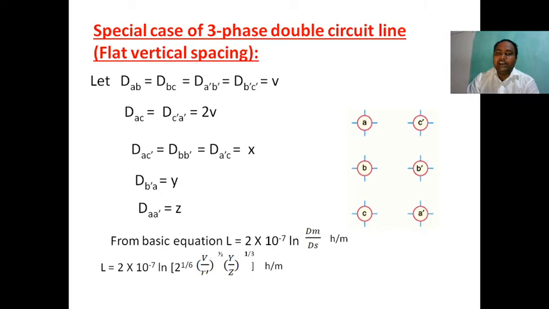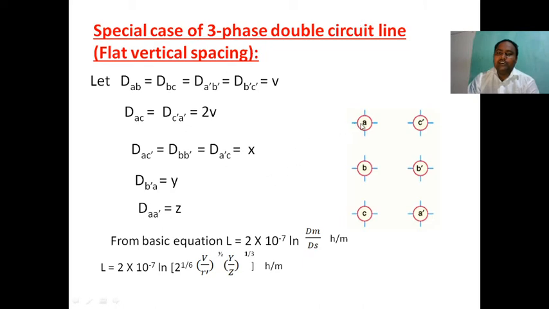Similarly DBC, DCA whole power 1 by 3. So please refer to the mutual GMD formula and substitute all the distances. If there is a DAA, what is the DAA? The distance between conductor A to A.